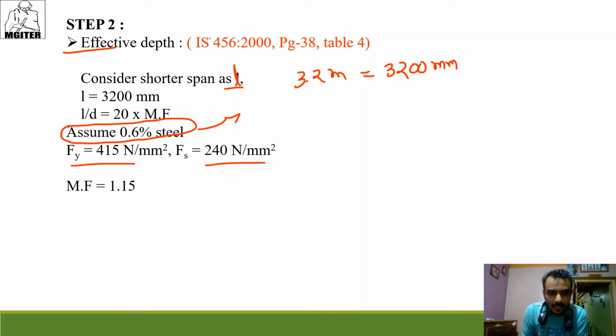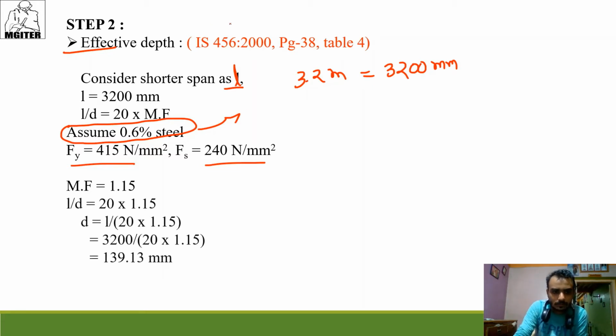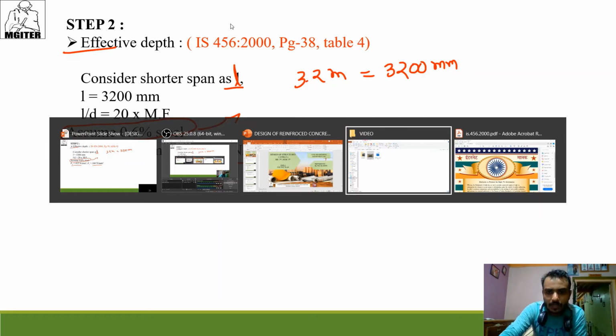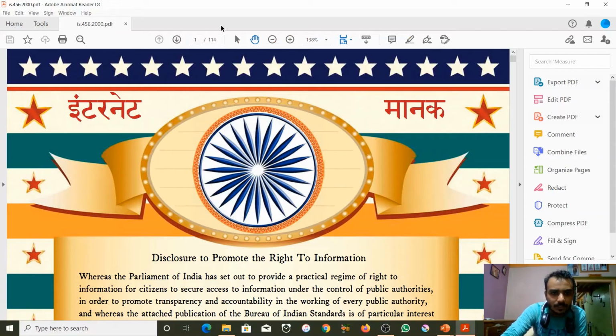So by this, fy 415, fs 250, we can find out MF from the IS code, page number 38.